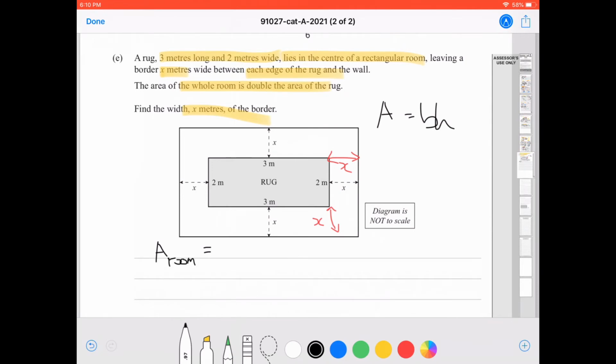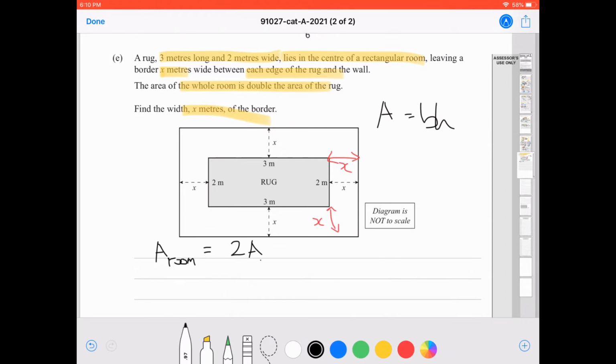So we can say area room equals 2 times the area of the rug, because if we multiplied the area of the rug by 2, it would equal the area of the room.